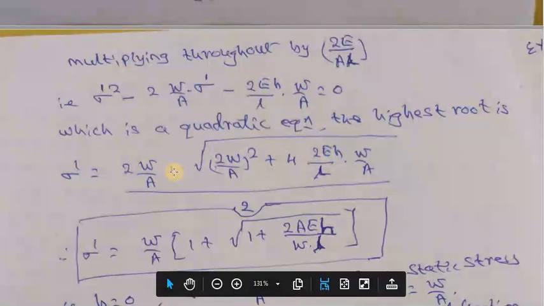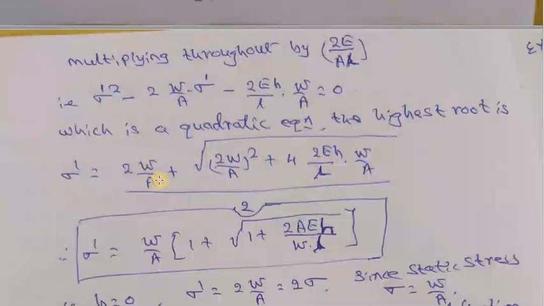So the root, if I take the positive root, sigma dash is 2 W by A, minus of minus becomes a plus, square root of 2 W by A whole square, then minus 4AC, so minus of minus again plus 4 into 2 EH by L into W by A, whole divided by 2.